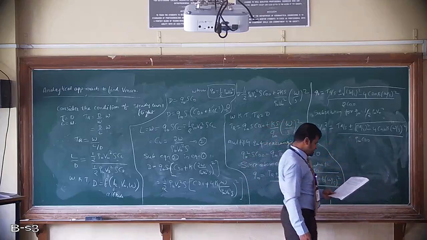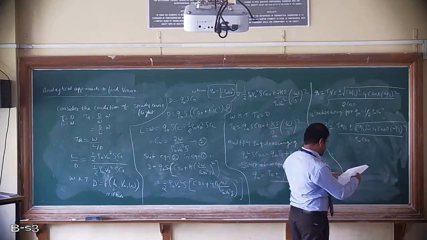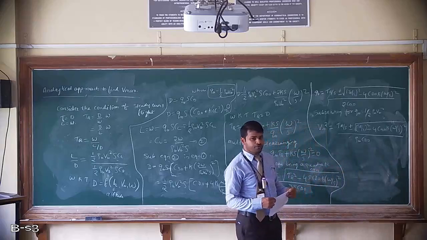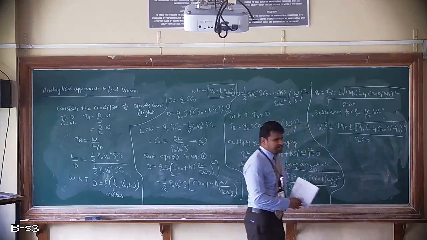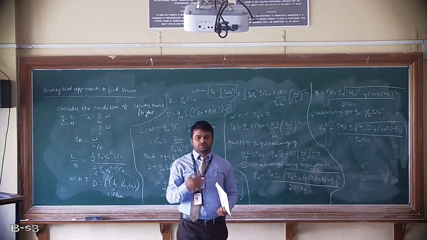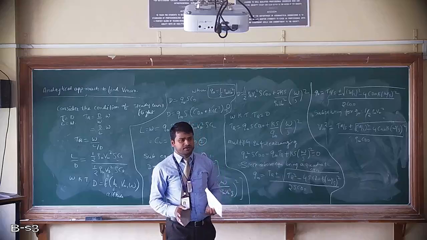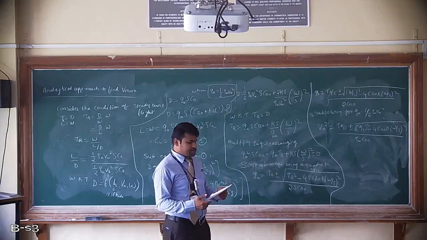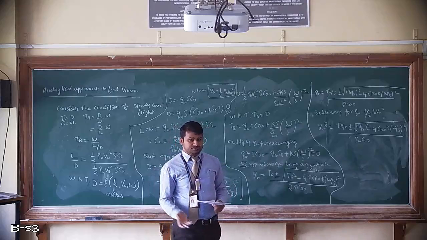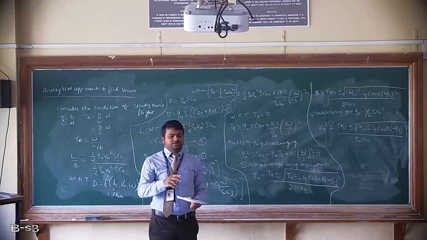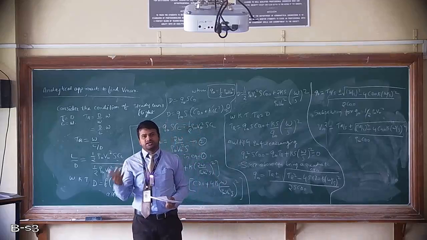And finally, I can write thrust loading in terms of wing loading. Wing loading is the ratio of the weight of the aircraft to the wing area. Similarly, thrust loading is thrust required to the wing area, but usually thrust loading is not as famous as wing loading.